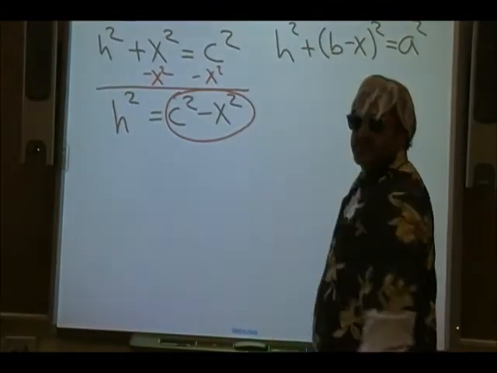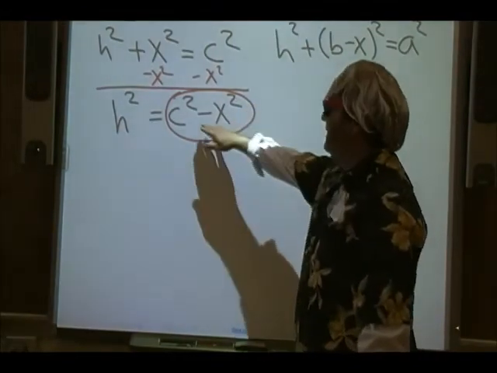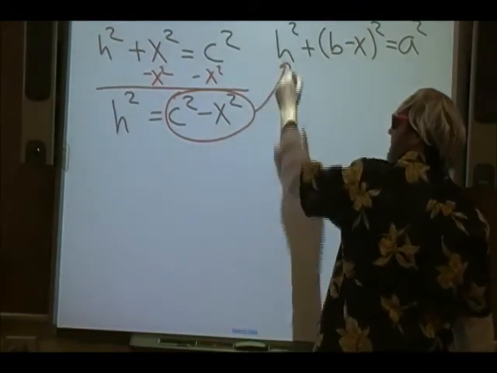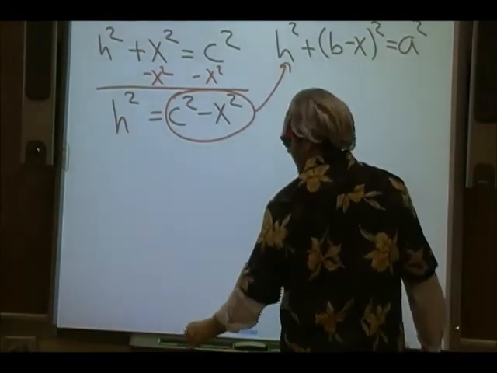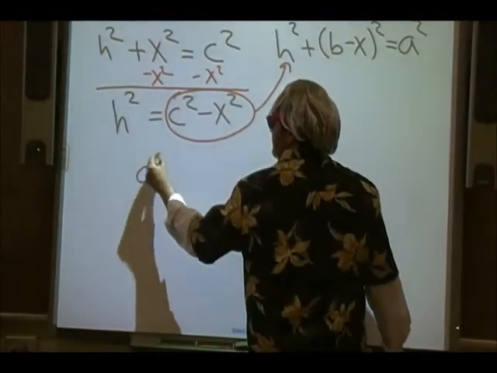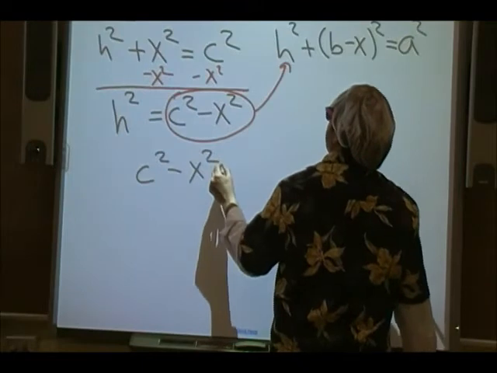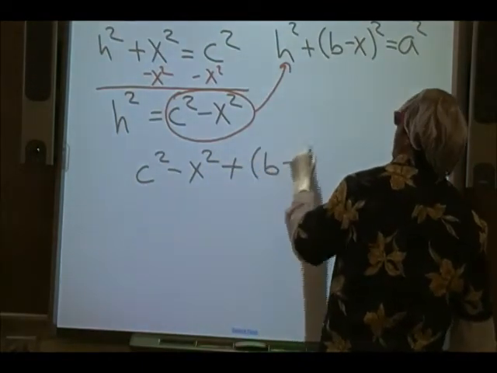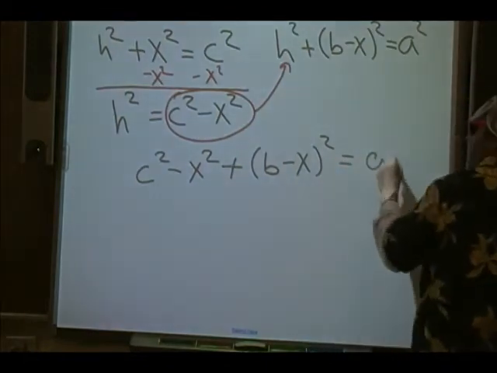Instead of Mr. H is not going to be in class today, you're having Mr. C squared minus x squared taking his place. Goes right there. So what do I have? I have c squared minus x squared plus (b minus x) squared equals a squared.